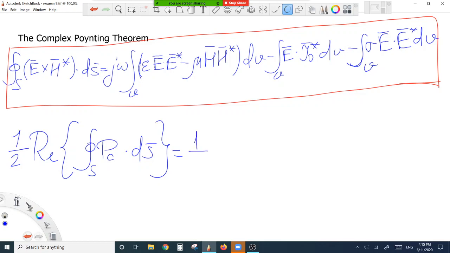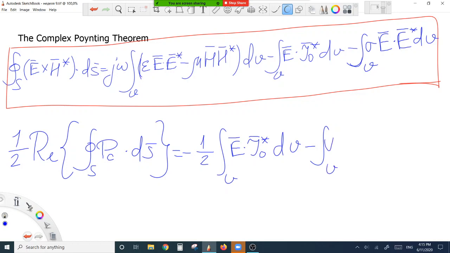It is equal to minus 1 over 2 of the integral over the volume V of E J0 complex conjugate dV, minus the integral over the volume V of sigma multiplied by E E complex conjugate dV.